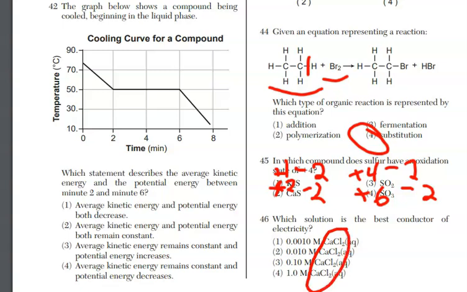Calcium chloride, for every calcium chloride, you're going to get 3 ions, a calcium ion and 2 chloride ions. And you just look at the formula to figure that out. In this case, then, our choices are all just based on concentration, and the highest concentration is your 1.0 molar, which is choice 4. So remember, with solutions, it's got to be a soluble salt, then it depends on how many ions it breaks up into, and then the concentration also.